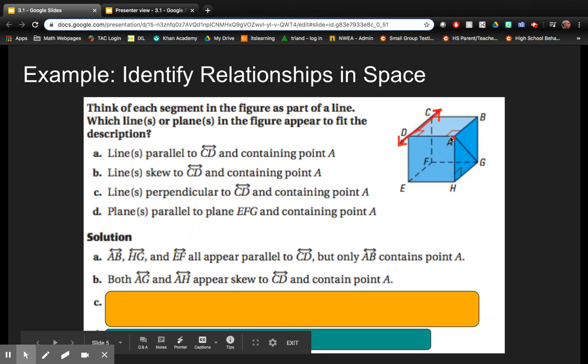So we already talked about all these lines that go through A. AG is not on the same plane and would never intersect. And AH is not on the same plane and would never intersect. So these would be my two lines that are skew to CD.